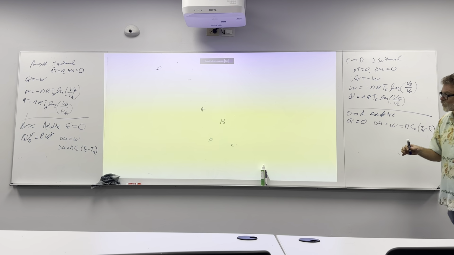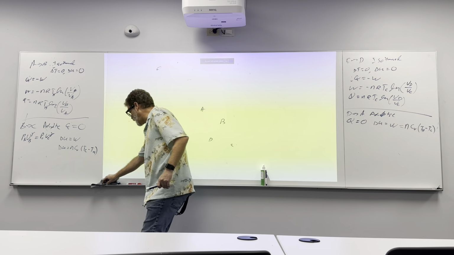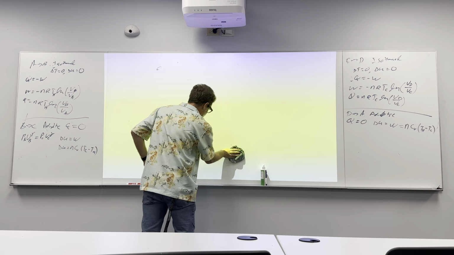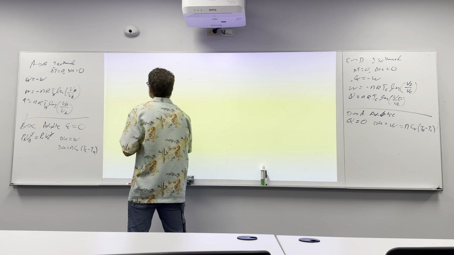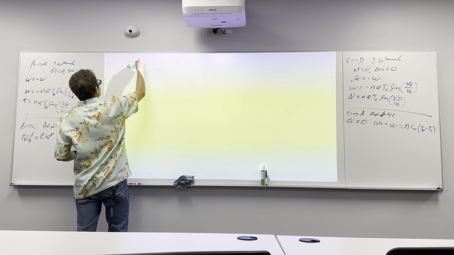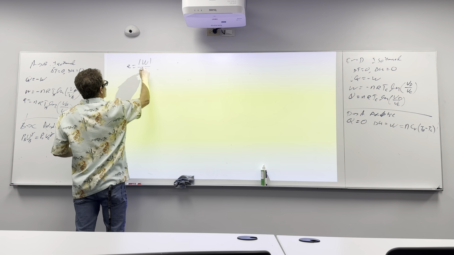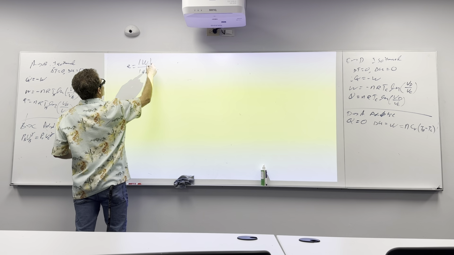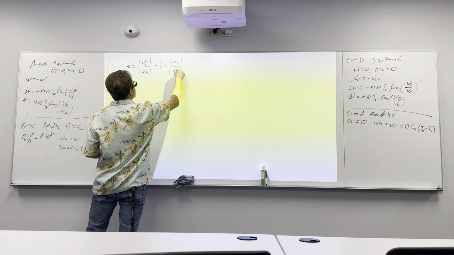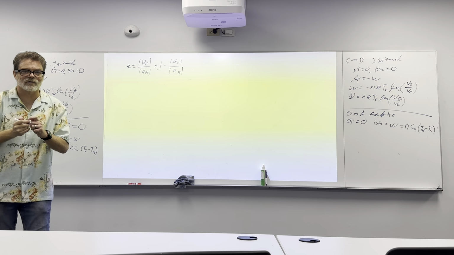Okay, so those are my 4 steps. So I want to calculate the efficiency, and I can do it one of 2 ways. Efficiency equals W divided by Q_H, or it equals 1 minus Q_C over Q_H.